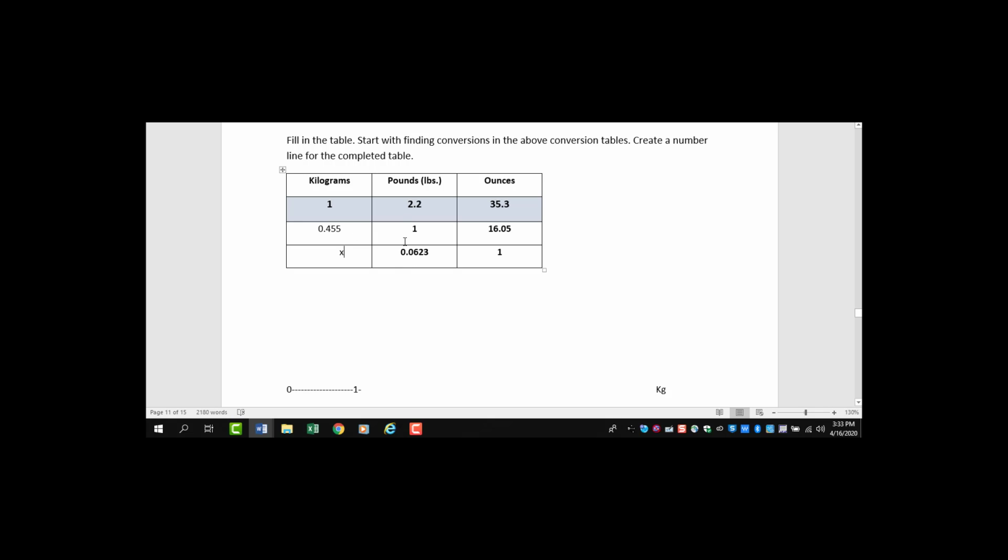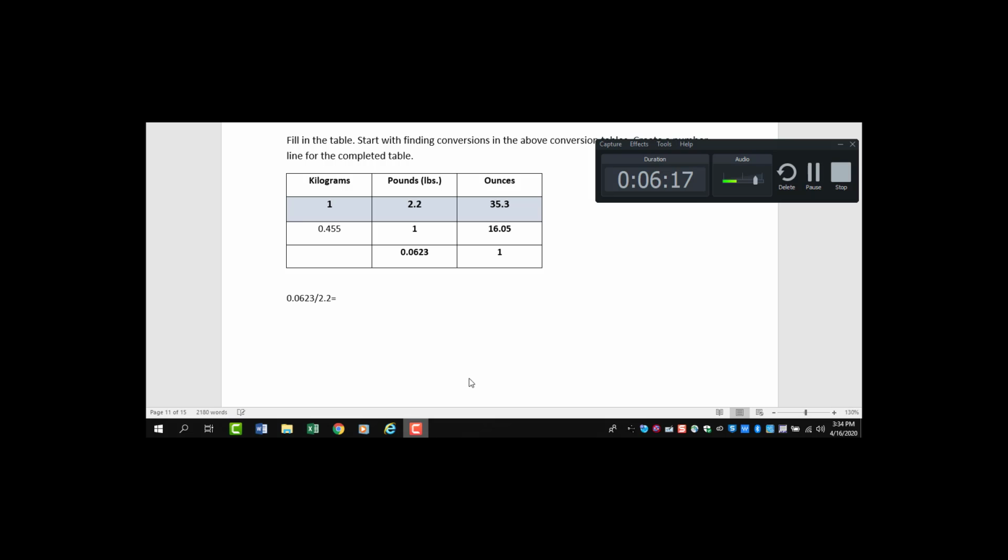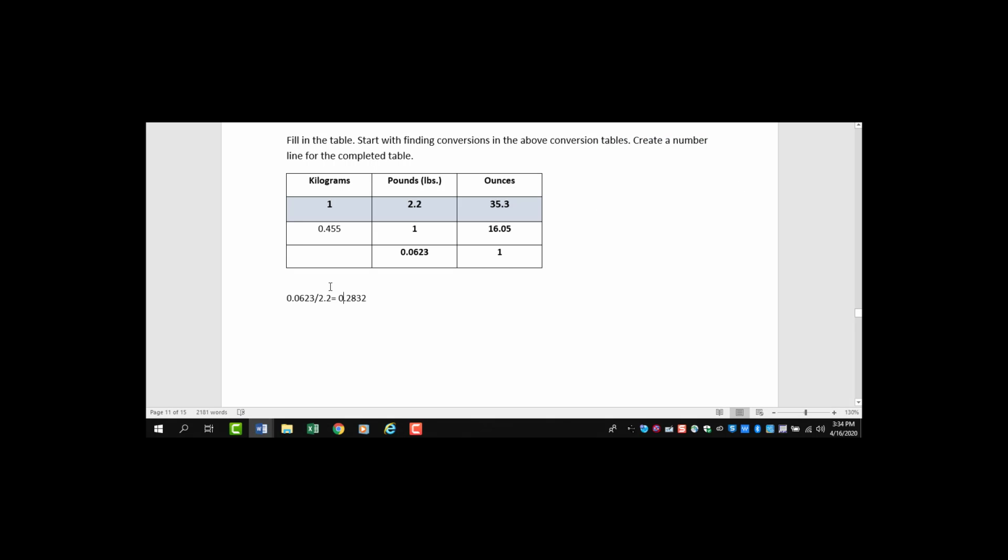Actually, if I go from here to here, I divide this by 2.2, and I'll tell you this right now, if I take this and divide it by 2.2, I'm going to get this, which is the correct answer. Again, I'm using the idea of equivalent fractions, which isn't so apparent.